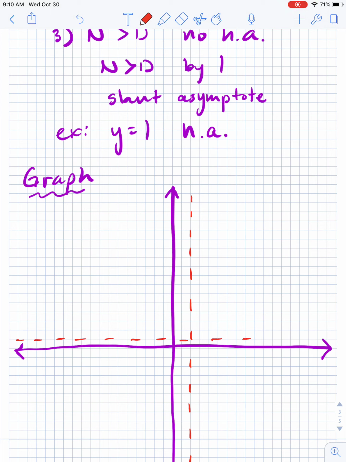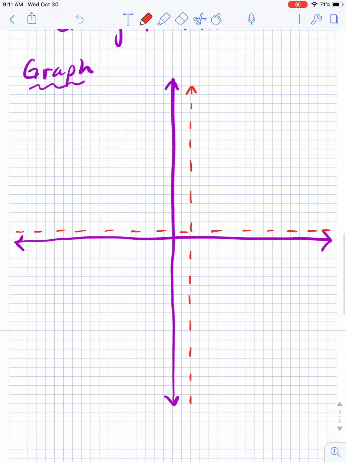All right, now, there's one thing that happens with the horizontal asymptote that is not true for the vertical. On a horizontal asymptote, you can actually cross it. Like your graph can cross a horizontal asymptote, which kind of doesn't make sense.